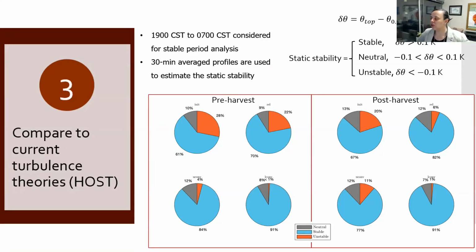Looking here, just percentage pie charts of how changes in stability were pre-harvest and post-harvest. So in all cases, except the lower convergence tower, there was an increase in stable conditions post-harvest, though there's just more data to look at post-harvest. And this is just a simple classification of stability based on a temperature difference.